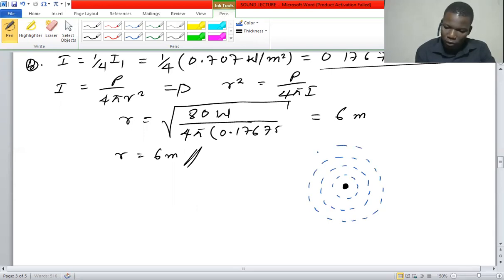If you have a small spherical object, and this object is oscillating in a way that its radius is changing periodically with time, we have rays coming out.